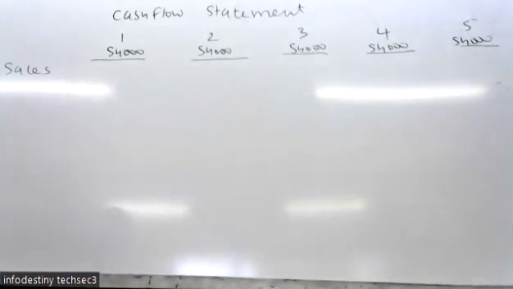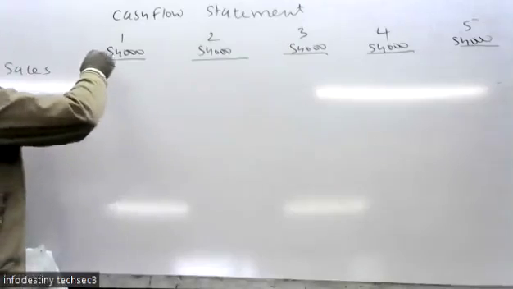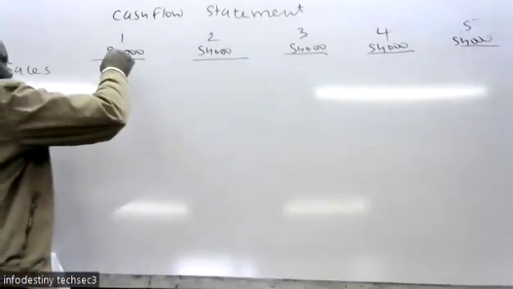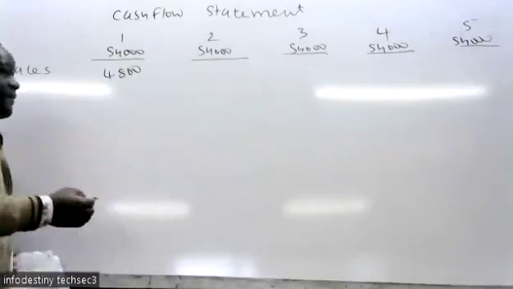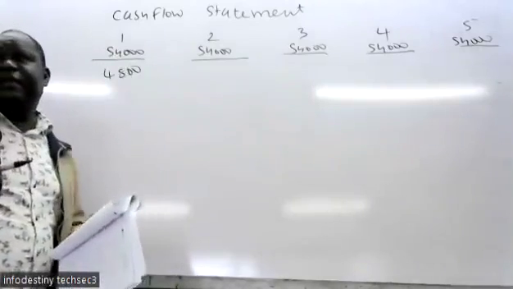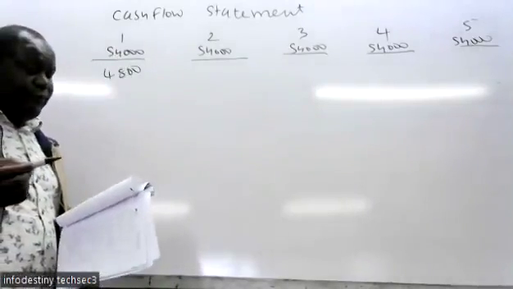So year 1, it is 8,000. When you take 8,000 multiplied by 600, how much will be the sales for year 1? 4.8 million. Then we do the same for year 2.